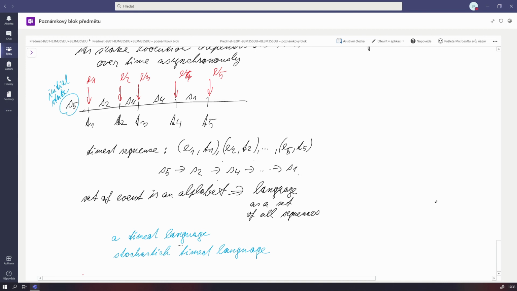So how soon can a task be executed? How long does it take before a task is executed? And such a modeling formalism allows us to assess performance of the system, like throughput, response time, and so on.